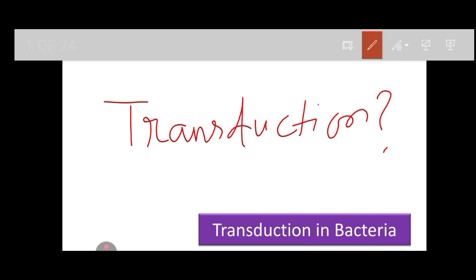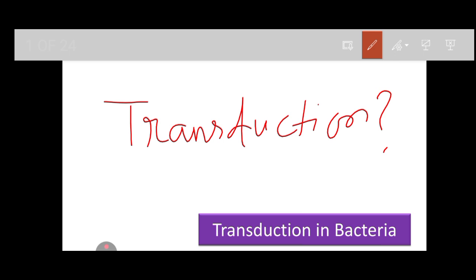through the virus, right. So, if genetic traits are transported between bacterial population with the help of virus, then the mechanism or the phenomenon is called transduction, right.